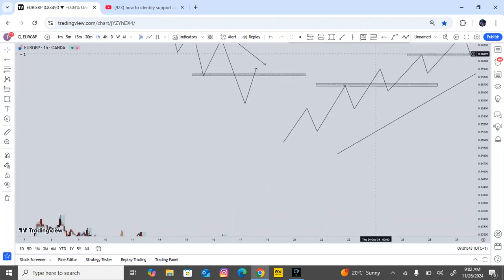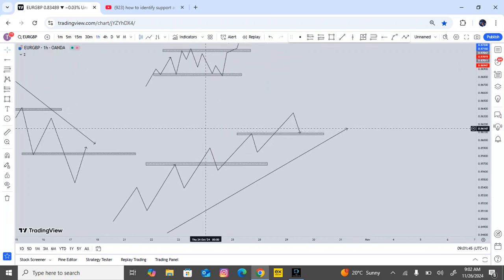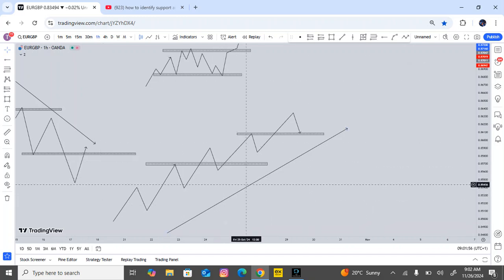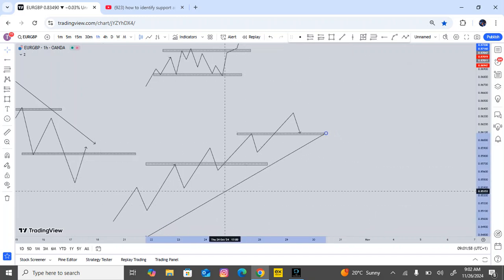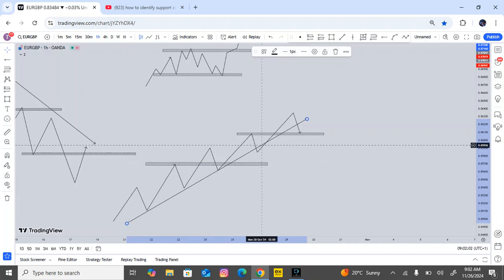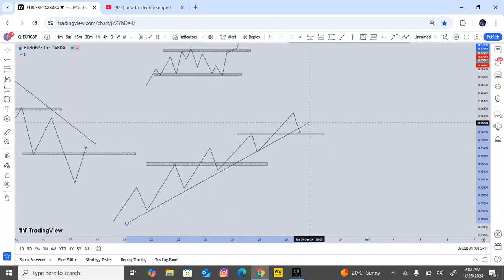You can also identify diagonal support and resistance the same way, which is the trend line. As you can see, this is an uptrend. Then you can draw your trend line like this. This is a diagonal support, which is called a trend line.